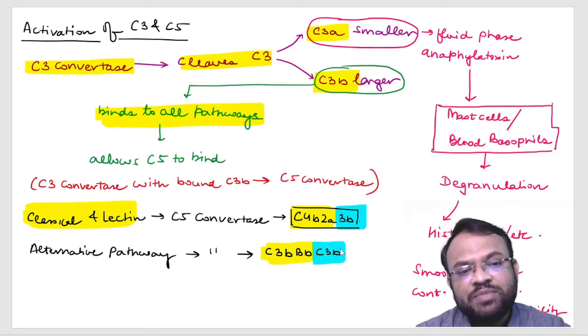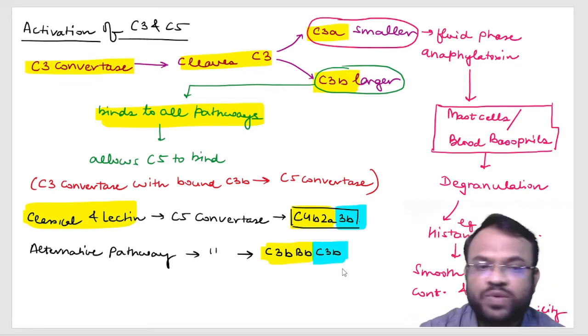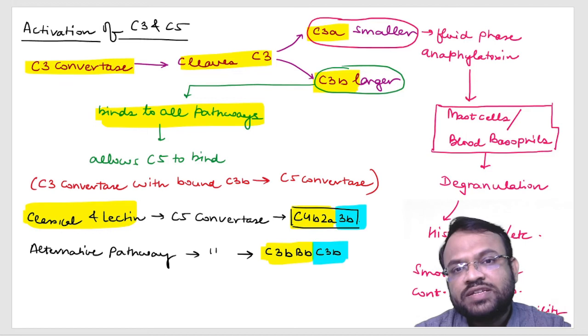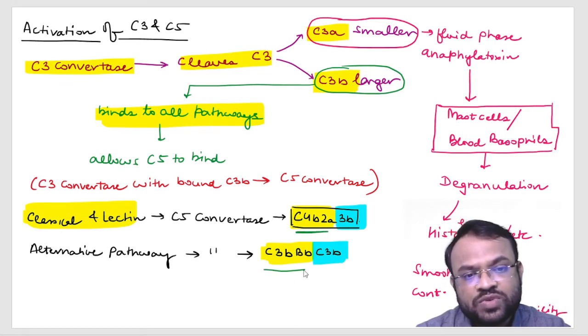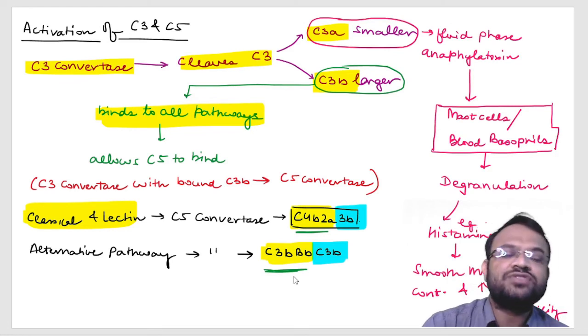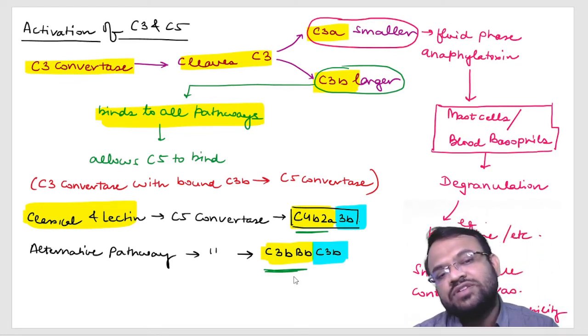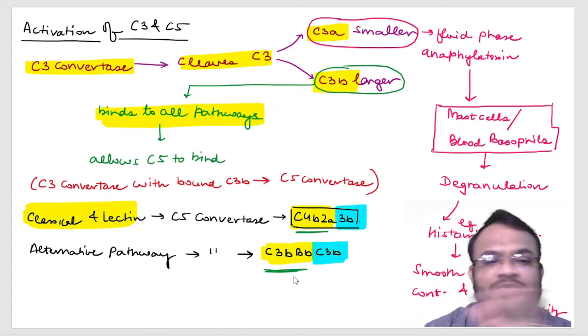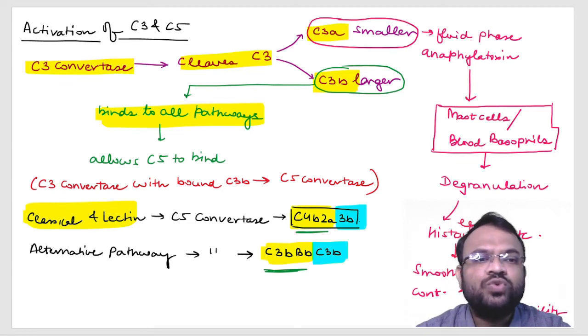C3b will get added, because C3b,Bb was the C3 convertase, the one I have highlighted in yellow. This acts on C3 and forms C3a and C3b, whereas the C3b will come and join with the previous complex.